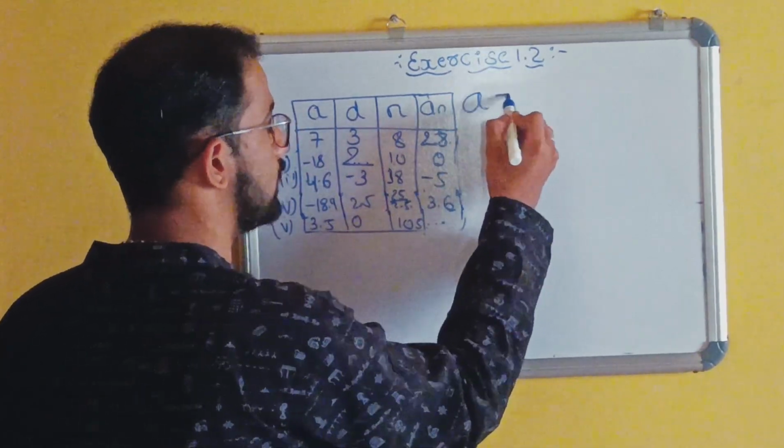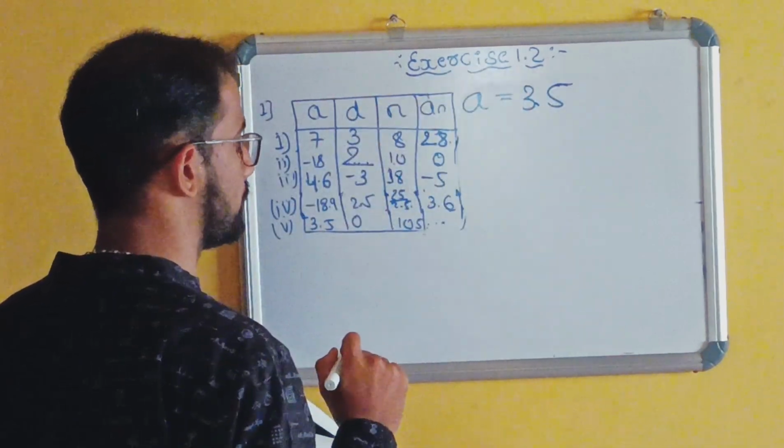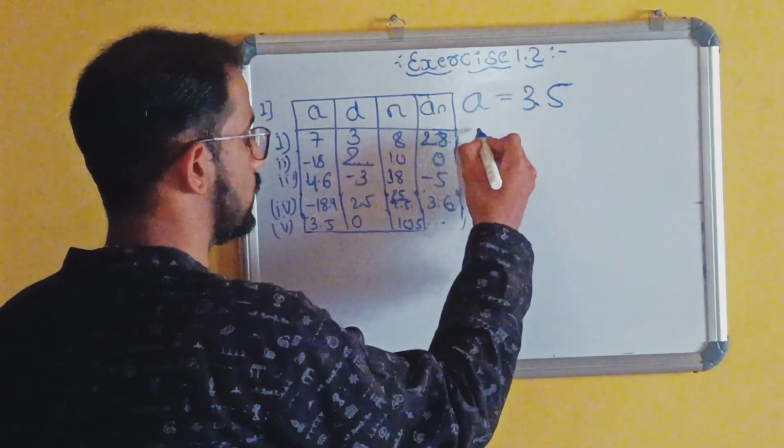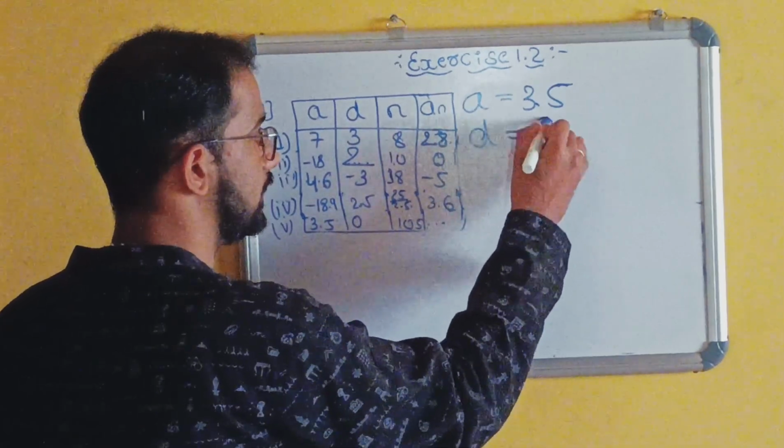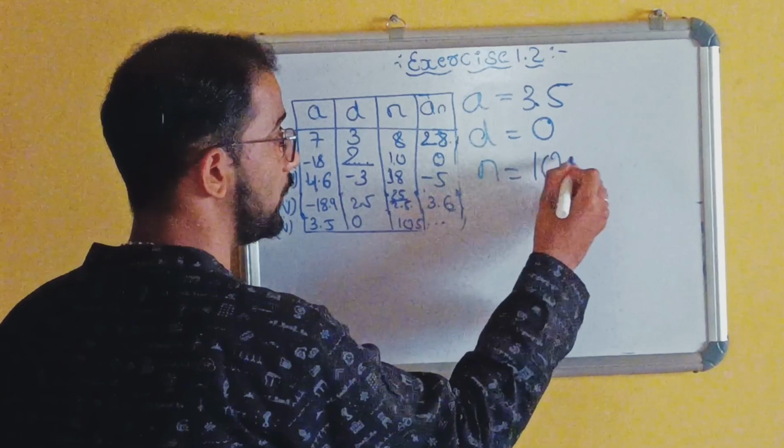A is given 3.5, then D is given as 0, and N is given as 105.